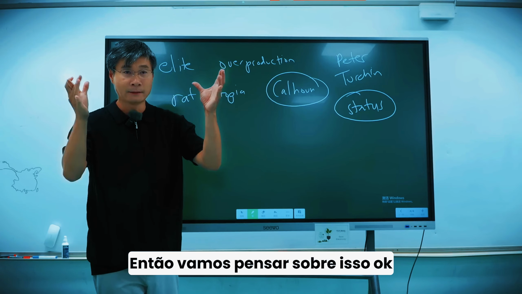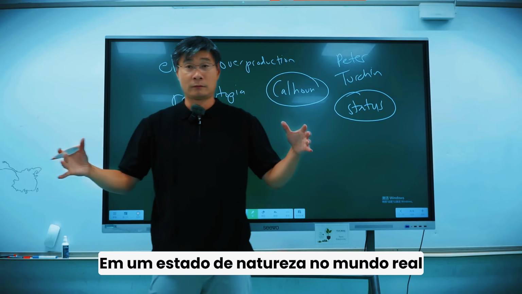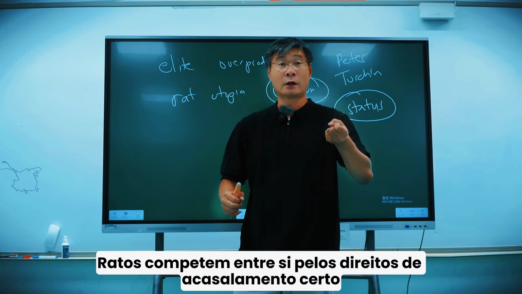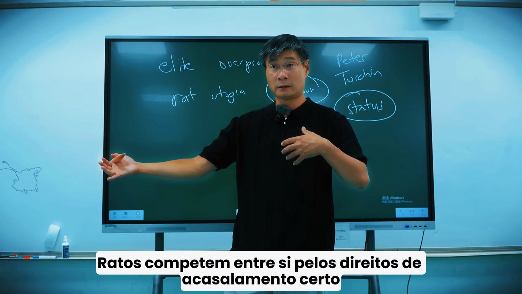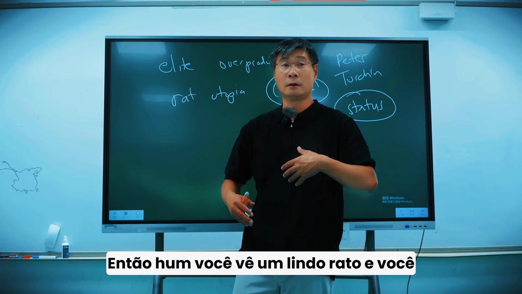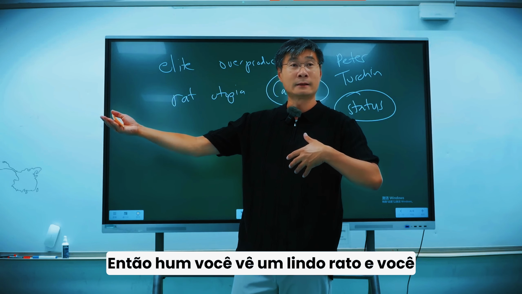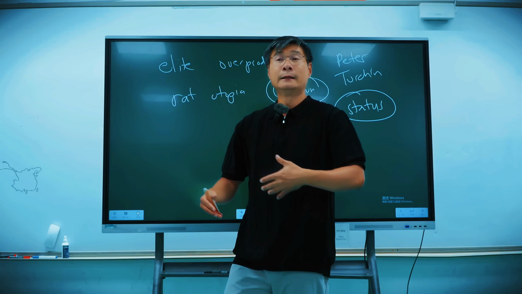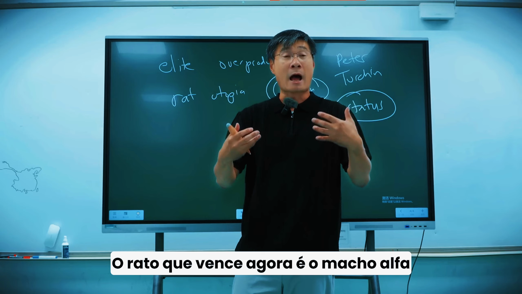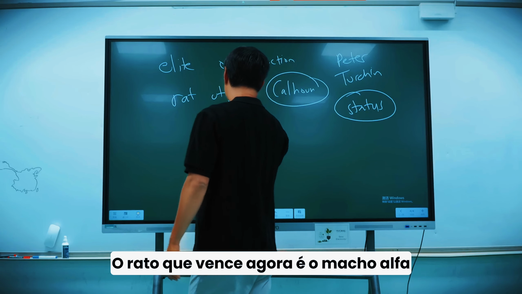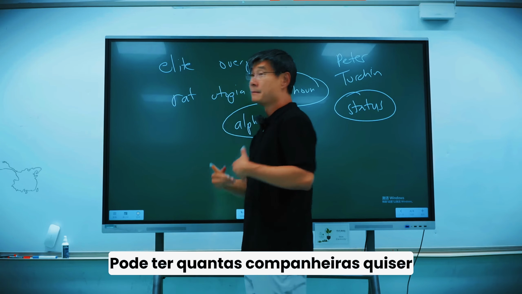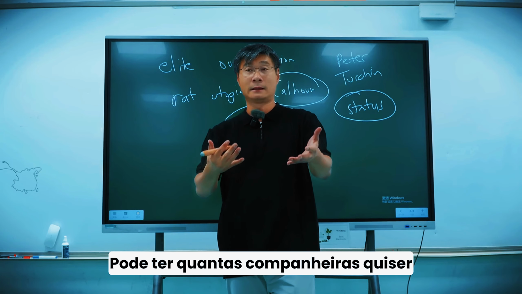So let's think of this, okay? In a state of nature, in the real world, rats compete with each other for mating rights, right? So you see a beautiful rat, and you fight over her, right? The rat who wins out is now the alpha male. And the alpha male can have as many female companions as he wants.